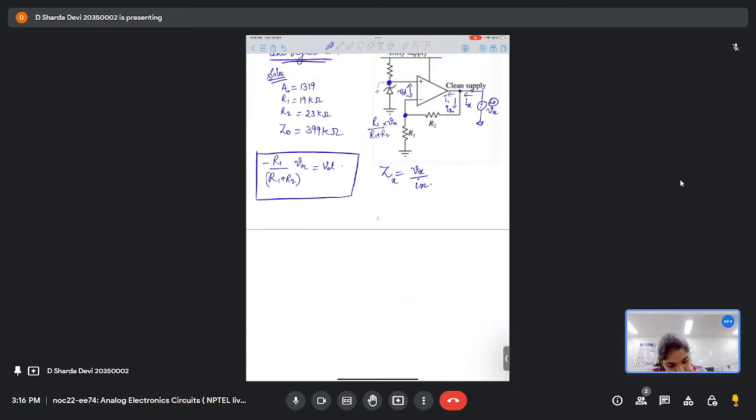We know for an op-amp, Vout, that is output, is equal to difference voltage into open loop gain, right? So that turns out to be minus A0 R1 upon R1 plus R2 Vx, right?